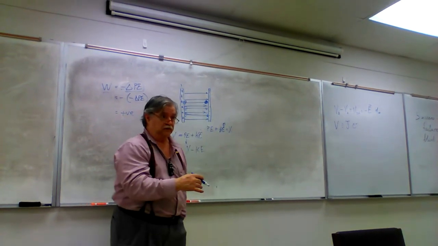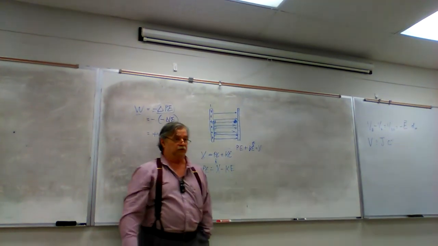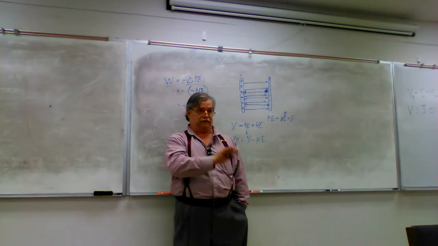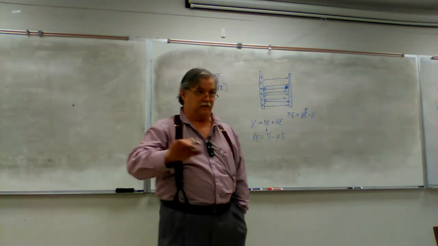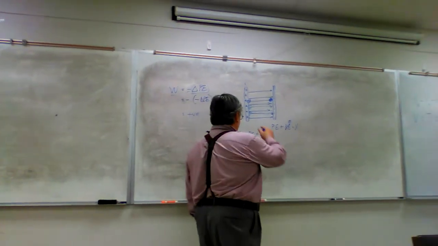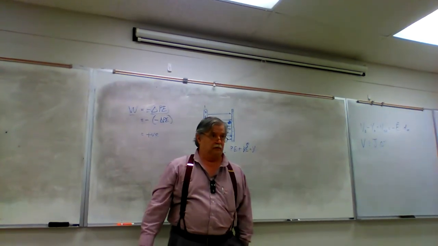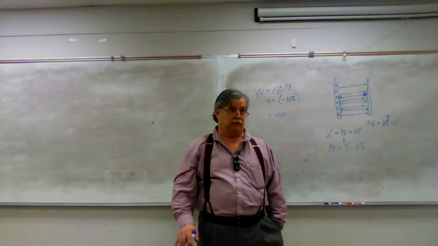Now, in this case, it's convenient to say, oh, well, I went from a positive to a more negative potential, so the potential went down. That's a bad way to think about it. It's not incorrect, but it's confusing because that's only true as long as it's a positive charge. As soon as you throw in a negative charge, everything gets reversed.